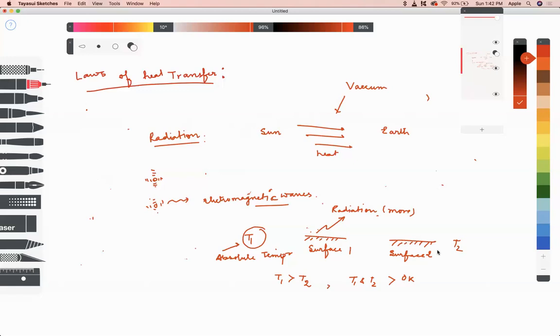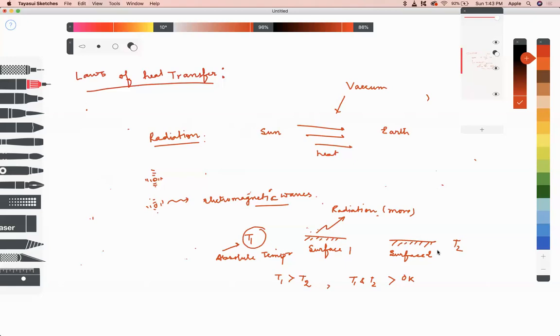So radiation is the mode of heat transfer which happens with the help of electromagnetic waves, and they do not require any material medium to be present. Also, radiation is the only mode of heat transfer that depends upon the absolute temperature of the body. Now, if you see conduction and convection, when we go into the subsidiary laws, we will see that they depend more on the temperature difference between the system and surrounding.